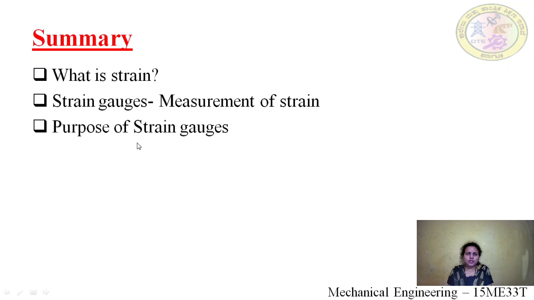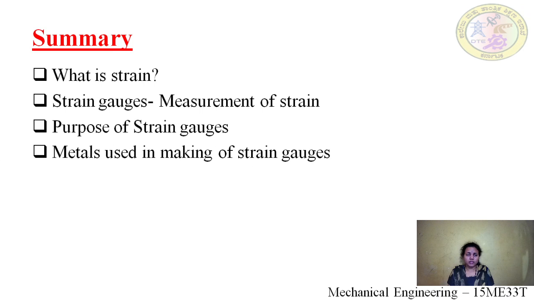So what is the purpose of strain gauge? The first is to determine the state of strain existing at a point in a loaded member for the purpose of stress analysis. The second, it acts as a strain sensitive transducer for the calculation of force, pressure, and displacement.